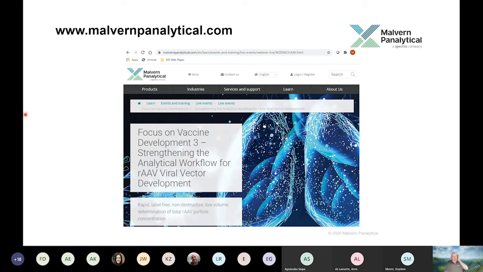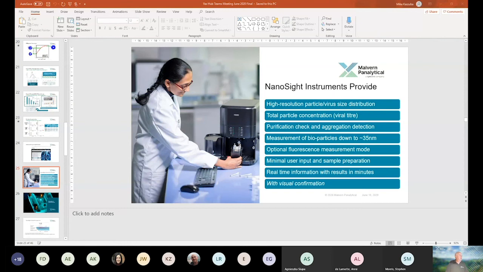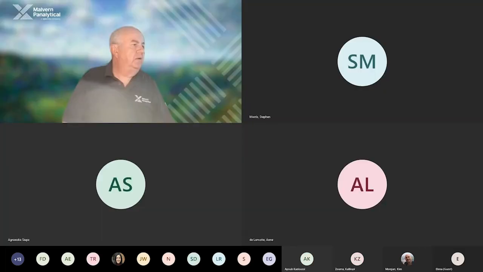So there's an awful lot of information there available for you. Anyway, on that point, I shall stop sharing my screen, which will allow Agnieszka to hopefully pick it up from that point.